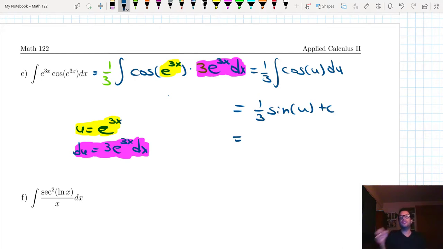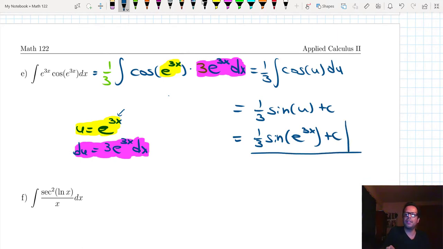And at this point, let's go back and substitute for u. In this case, keep in mind that u was the quantity e to the 3x, plus c. So that's one.